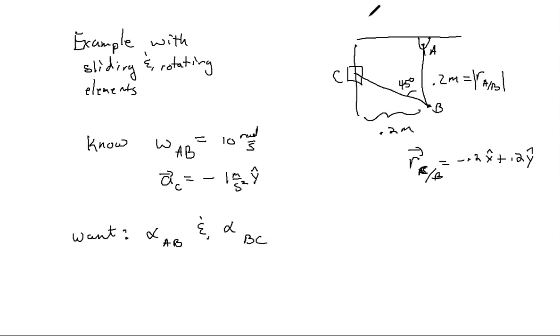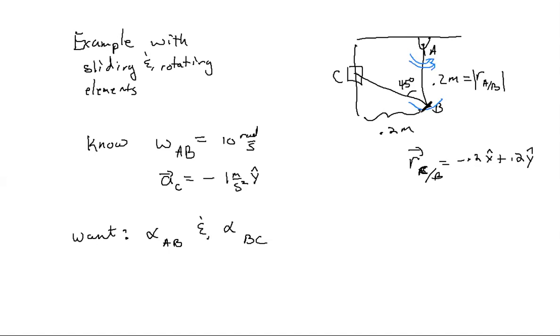And furthermore, I know that point B can only move, I should also say it's supposed to be rotating clockwise. All right. So I know that B must follow a circular path here. So that means that point B undergoes just a pure rotation about point A. That's going to simplify the analysis.